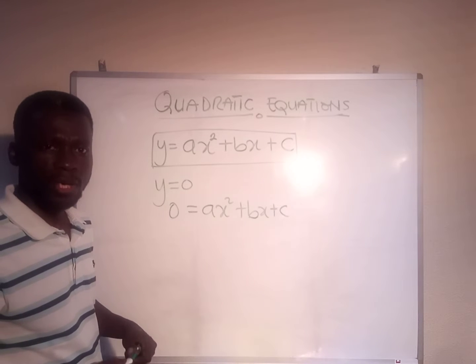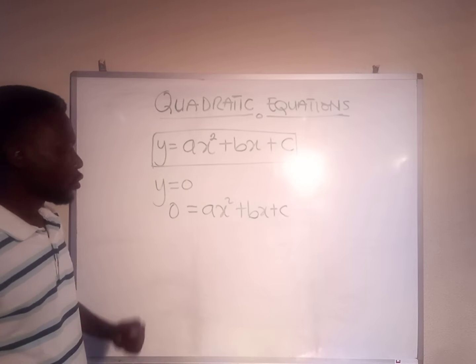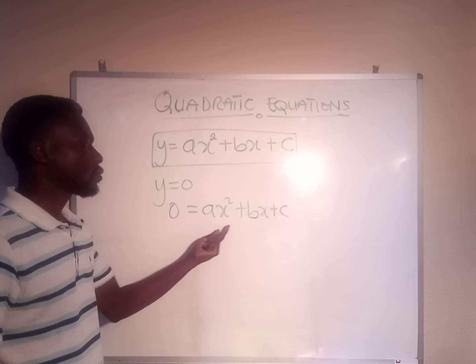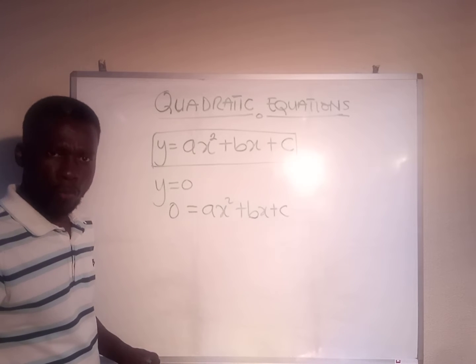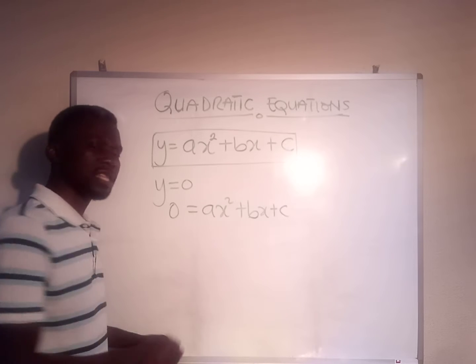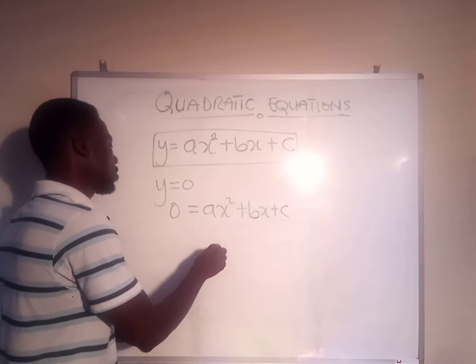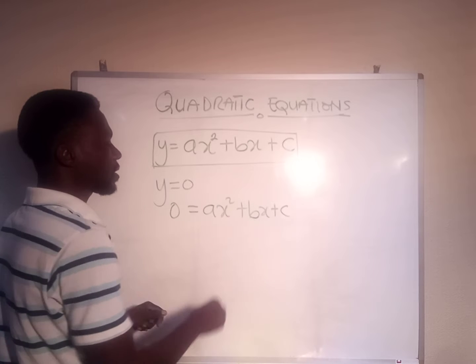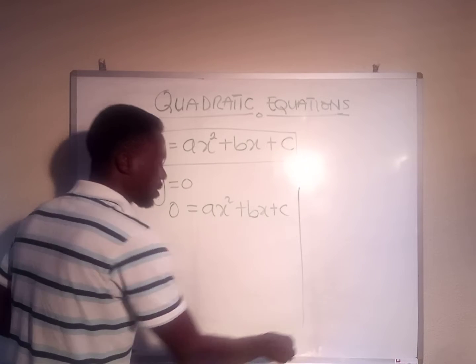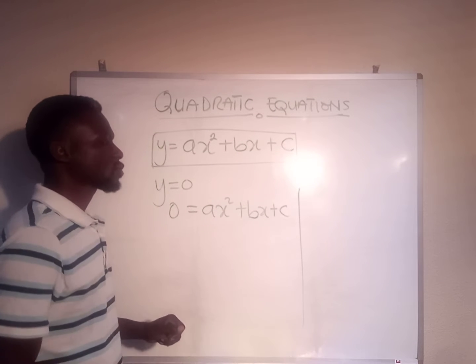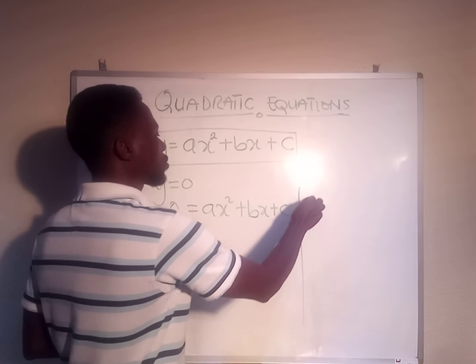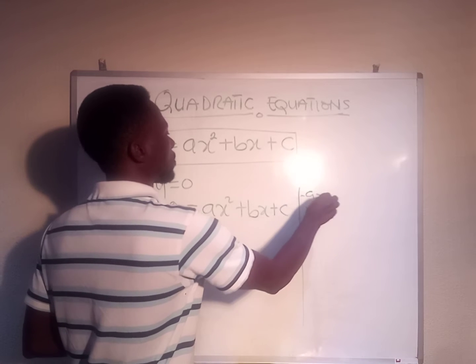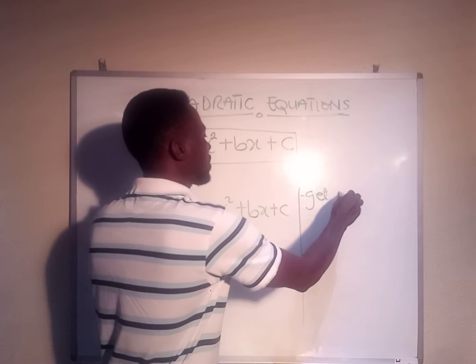At that point, you are looking for the values of x, or we say you are looking for the x-intercepts. What is the aim of solving the quadratic equation? The aim is to get the x-intercepts.